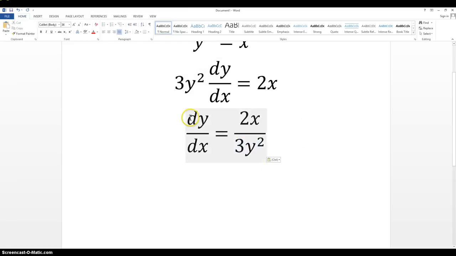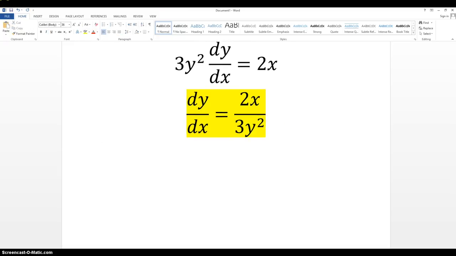Okay, so let's go ahead and just highlight this. Now what we need to do is basically find the second derivative. So if we keep it this way, the rule that we use would basically be the quotient rule, because it's division going on between these two terms.